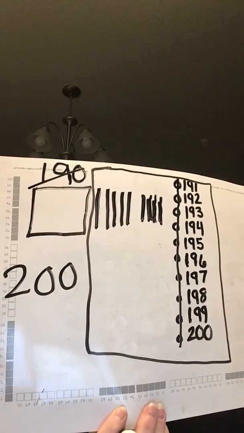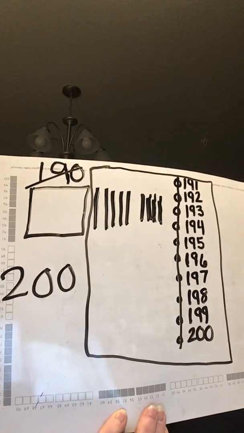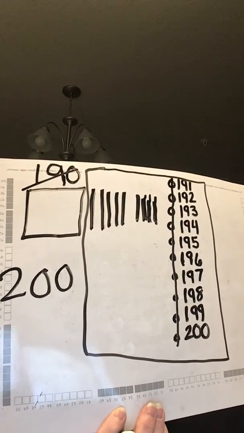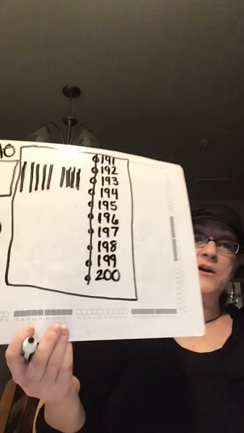Now, if you want to continue doing this all the way up to the next 100, then you would start by doing this. You draw your circle, and what comes after 200 if you're counting by ones? That's right. We're doing 200s now, so that would be 201, 202, 203, 204, 205. Let me show you what you're doing.